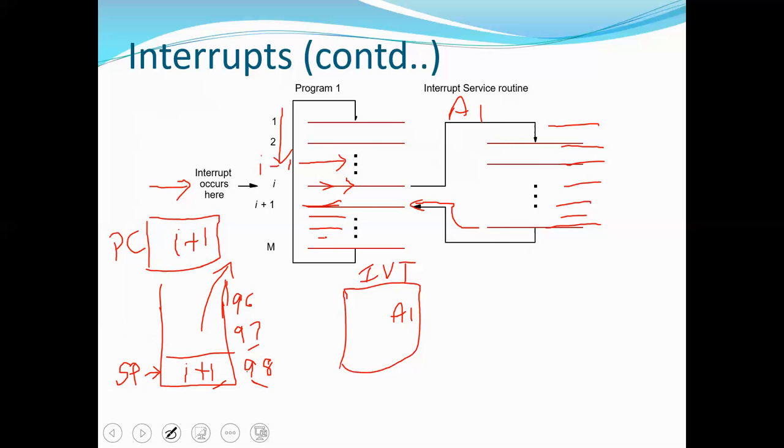Similarly, all the variables and values must be stored within the processor. So P1 is a program. Each program will have something called a process control block, where the values of the program are stored.